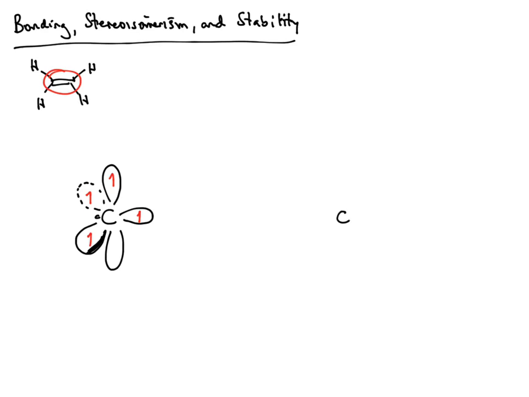I'm going to draw in the other carbon on the other side. Add in a bunch of electrons. And again, I ignore the two that are made to hydrogens on either side.